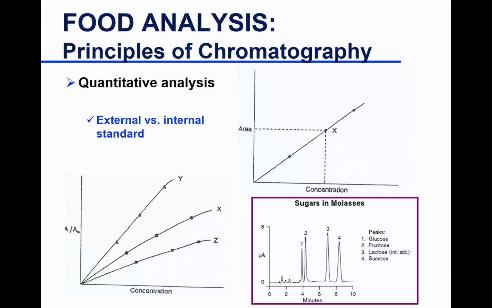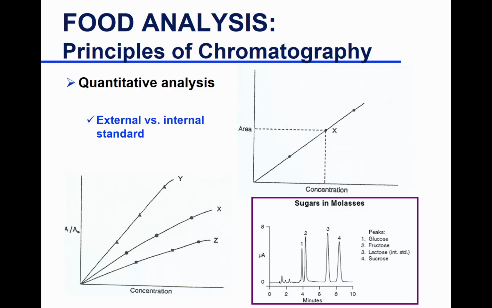So if you add lactose to your sample, it doesn't come out with your glucose or fructose or sucrose. It comes out separately. An important characteristic is that it's similar to your compound so that you can see it in the same run. You don't have to do anything special. And the other thing is you don't want it to come out at the same time as the others. So it is similar, but it does not come out at the same time as your samples.